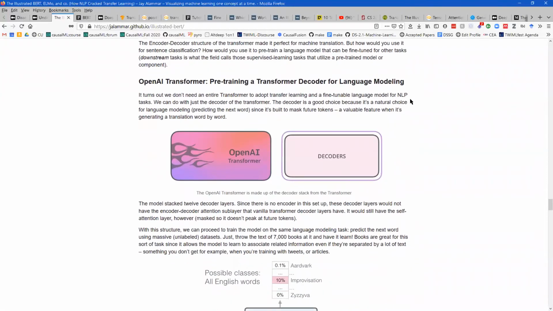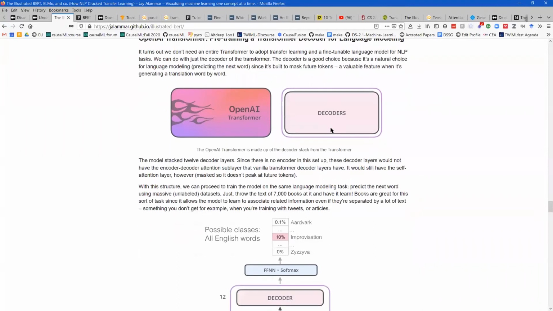It says that OpenAI is a language model, trying to do language modeling, and it works with a pre-trained transformer decoder. So does anyone know much about the OpenAI model? Okay, well, we're just going to get a high-level look at it here.